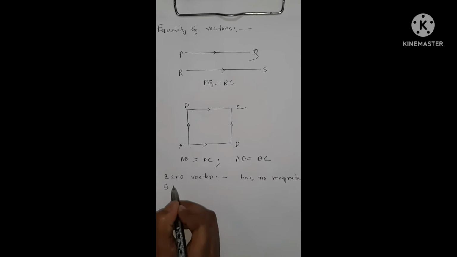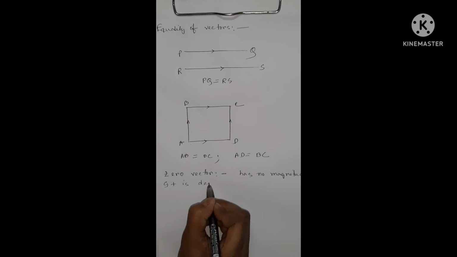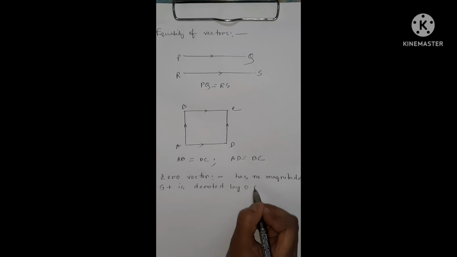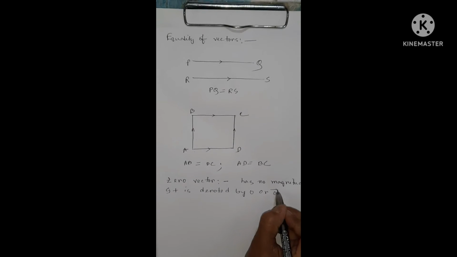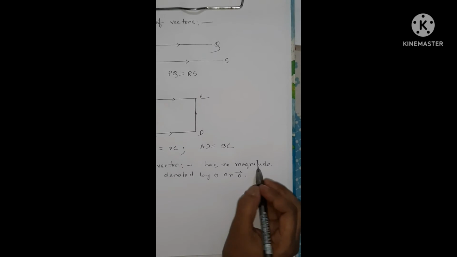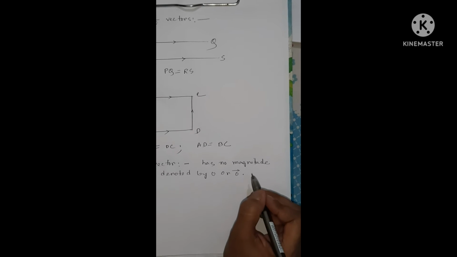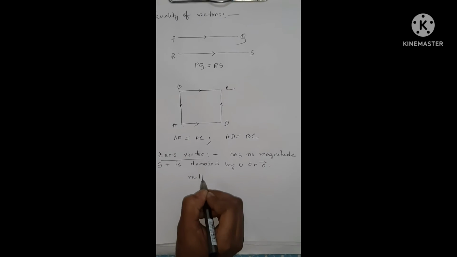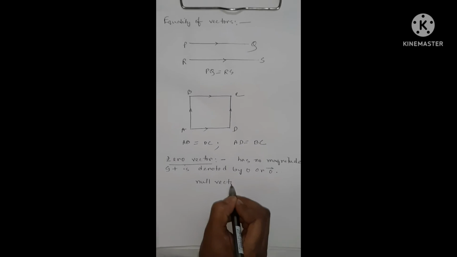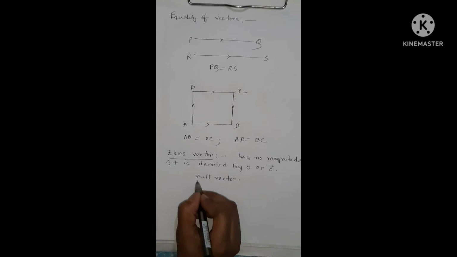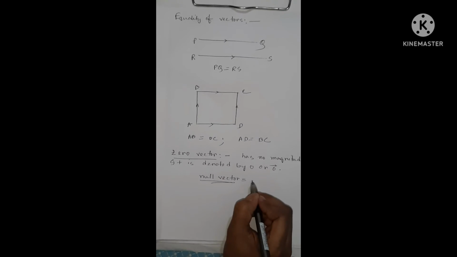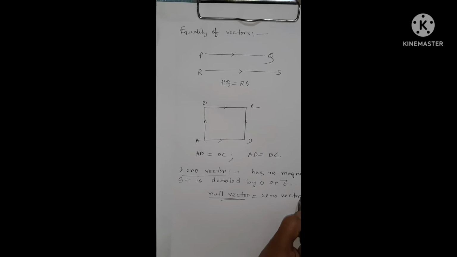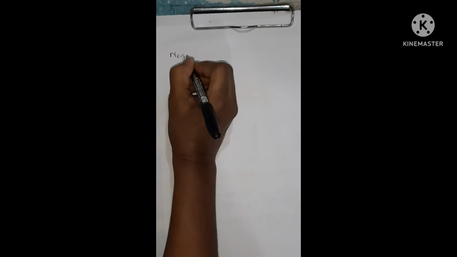It is denoted by 0, a bold zero sign. The zero vector is also known as the null vector. Clear?